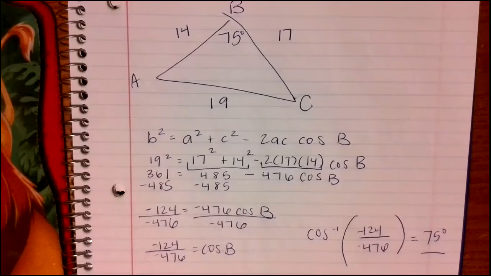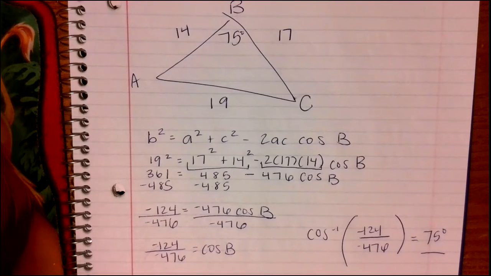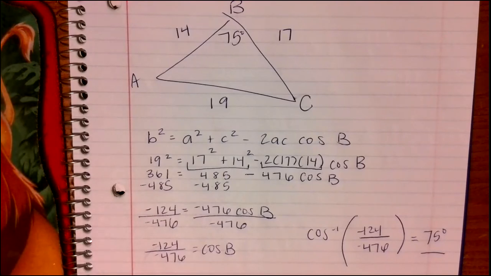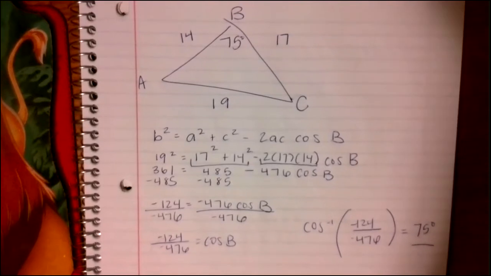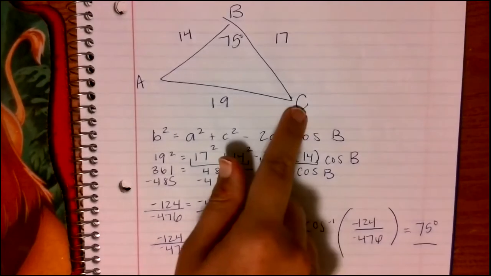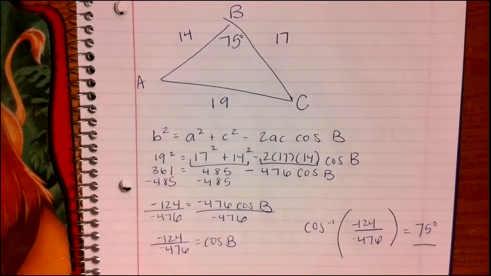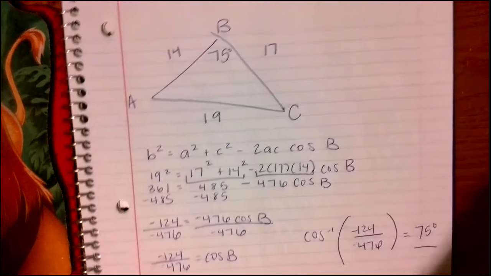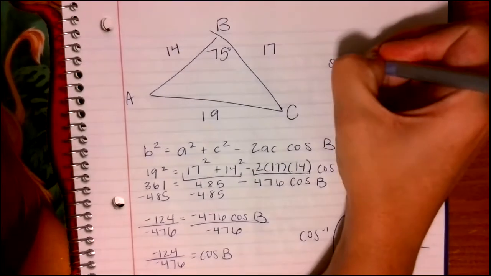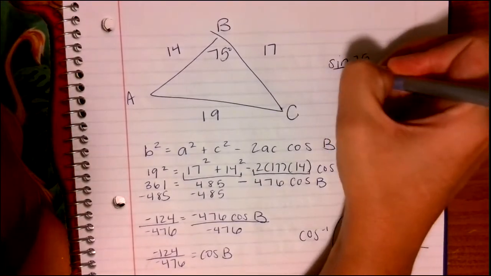All right, you will have to do another inverse something, whether you do another law of cosines or you choose to do law of sines now to find one more angle. And if you like law of cosines, you could now do law of cosines for c squared or for a squared. That's fine. I prefer, if possible, to use law of sines, so that's what I'm going to do now.